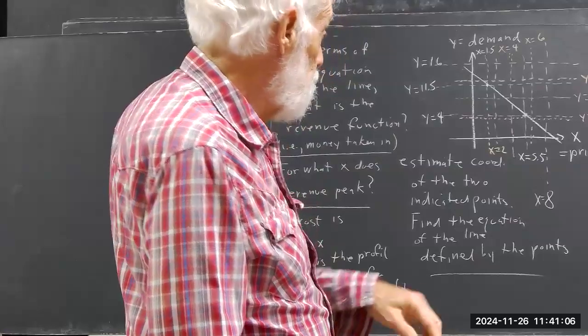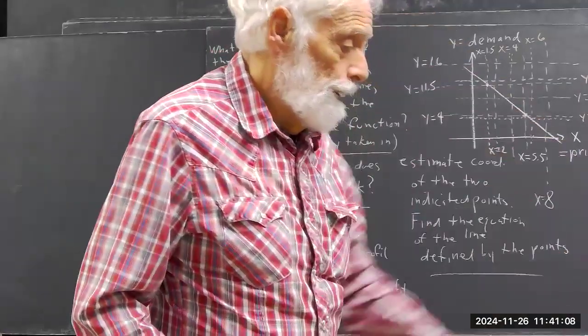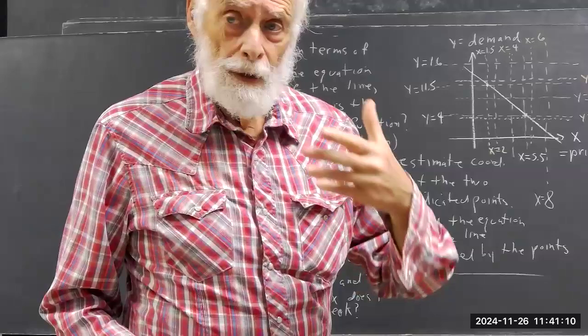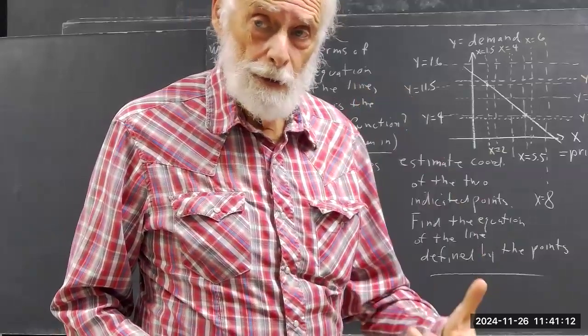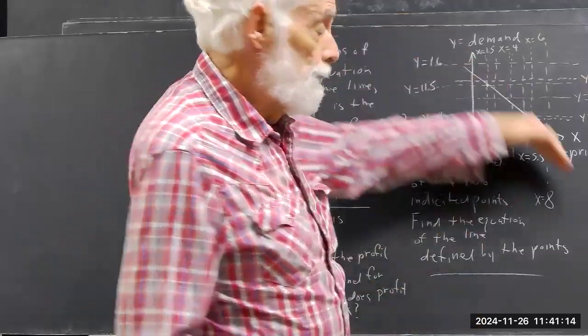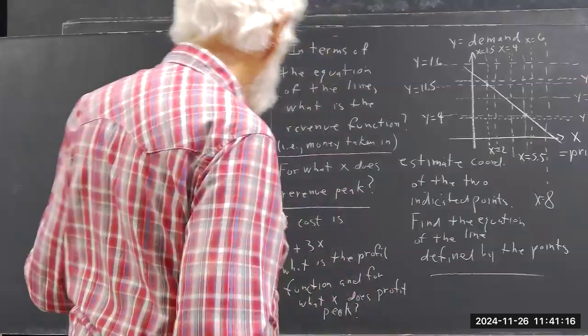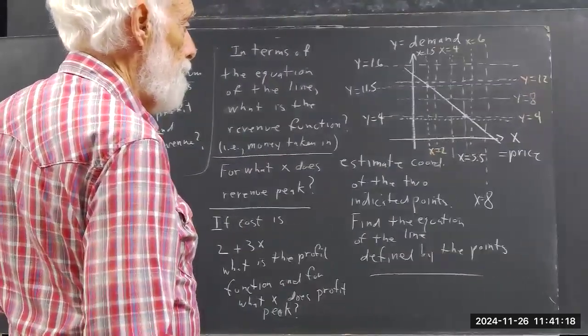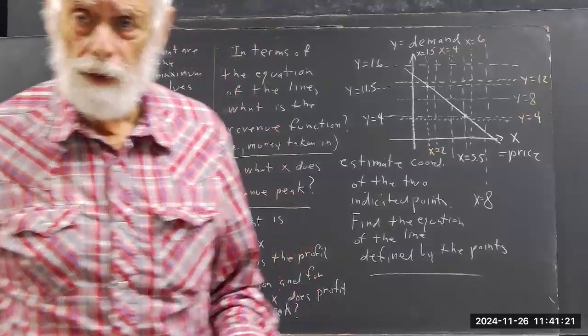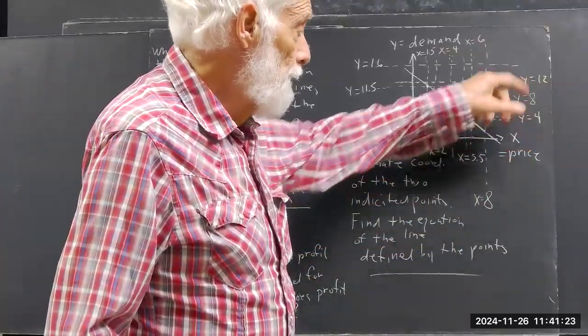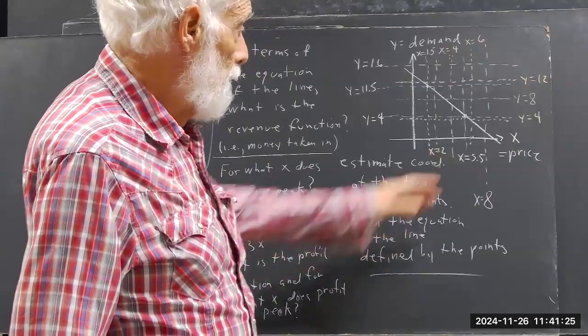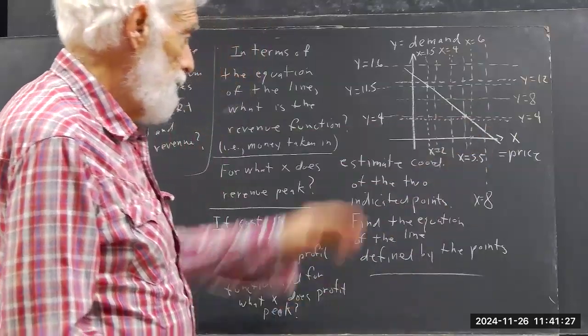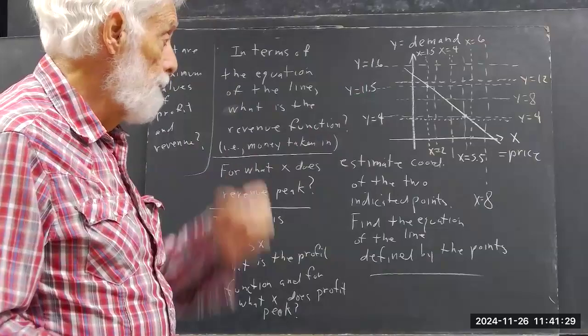So what we do is we assume that the demand changes linearly with the price. So we have a straight line graph of demand versus price. It looks like I didn't show all my scaling over here, but you should be able to see it and understand what's going on there.